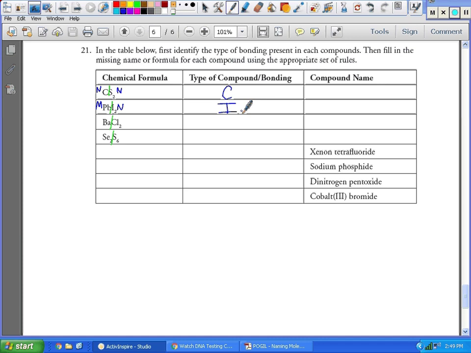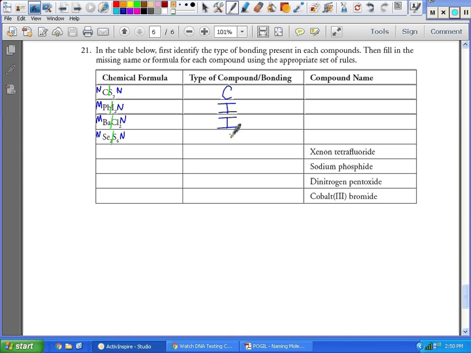Okay, so if it's a metal and a non-metal, what type is it? Okay. Selenium, non-metal. What about sulfur? Non-metal. So what type of bond is that? Covalent, sorry. Okay, I didn't hear you.